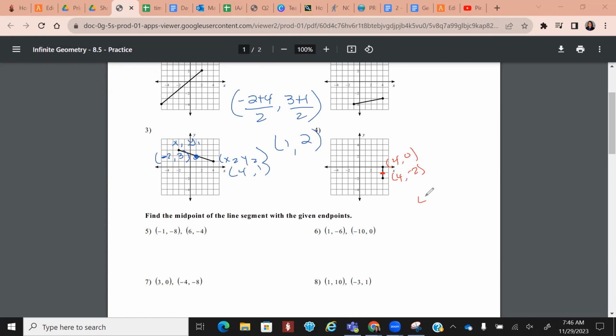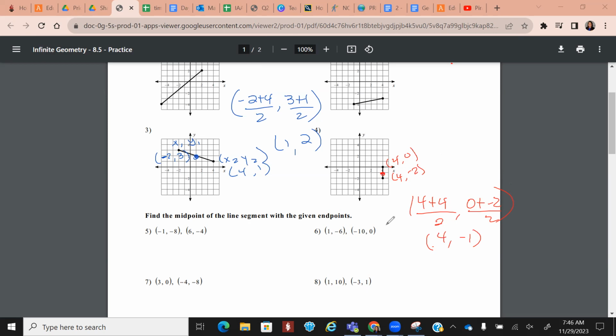Okay, when we plug that in, we're going to get 4 plus 4 divided by 2, and 0 plus -2 divided by 2. All right, so 4 plus 4 gives me 8 divided by 2, which is 4. And 0 plus -2 is -2, divided by 2 is -1. And that's exactly what we just found. Again, you could probably visualize this, but just in case you got that formula.